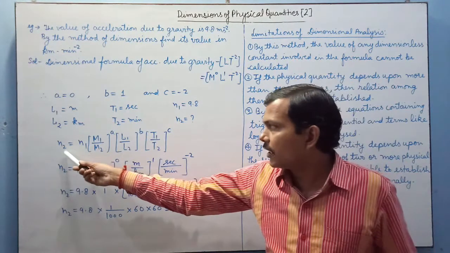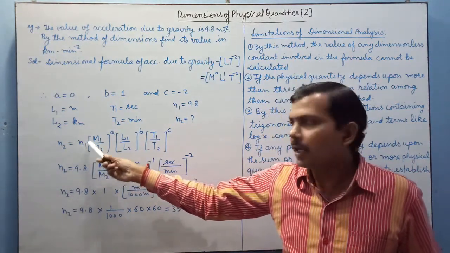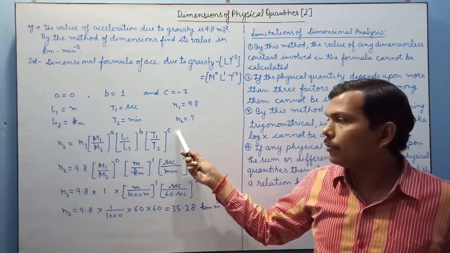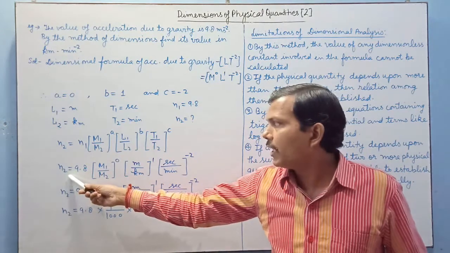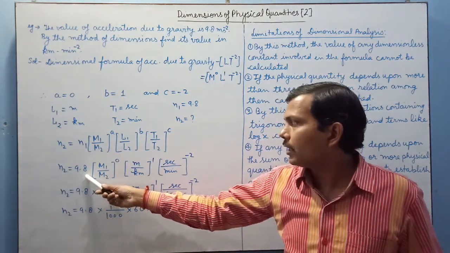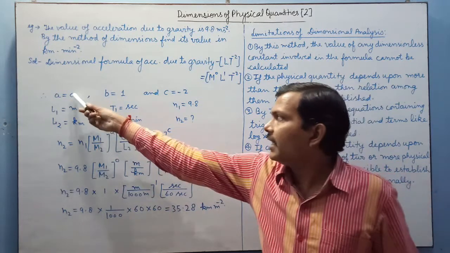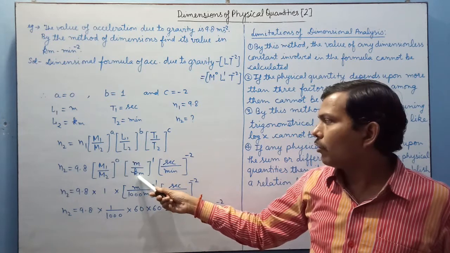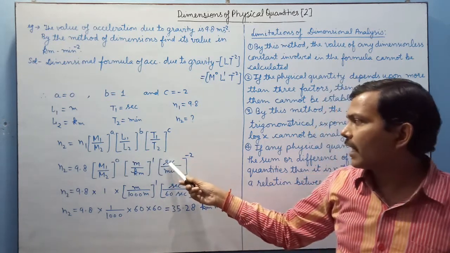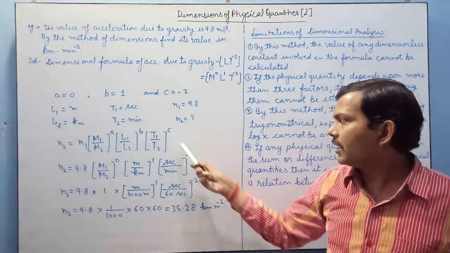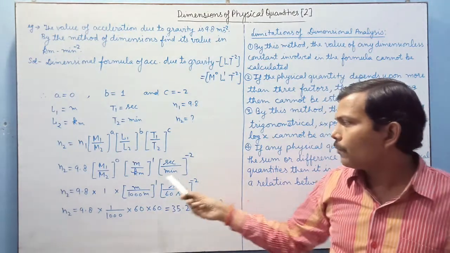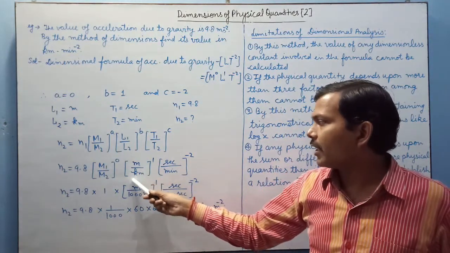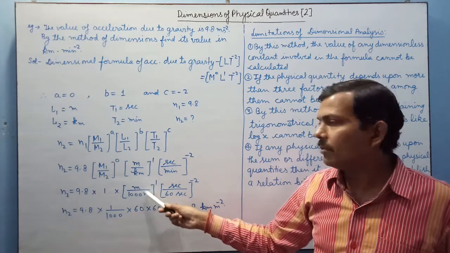So we will use the relation n2 = n1 (M1/M2)^a (L1/L2)^b (T1/T2)^c. We will substitute the values. n1 is 9.8, M1 upon M2 to the power a is 0, so here we will put 0. L1 is meter, L2 is kilometer, b is 1, T1 is second, T2 is minute, and c is -2. Now 9.8, this will become 1. Here it is meter, here it is kilometer. We will convert it in meter, so units will be cancelled.